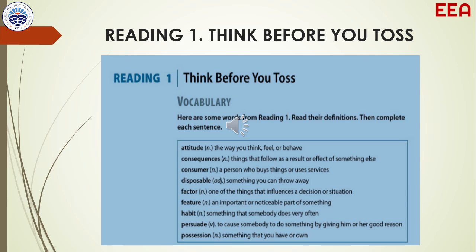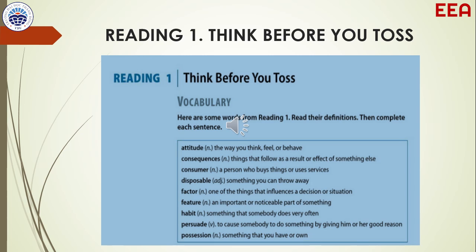Feature, an important or noticeable part of something. Đặc điểm, right? Habit, you know this word, right? Something you do very often. Persuade, a verb, to cause somebody, to make somebody do something by giving him or her good reasons.